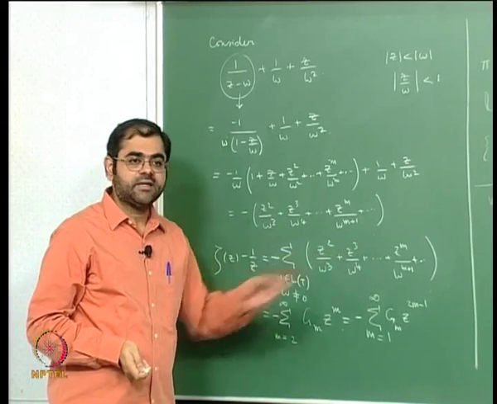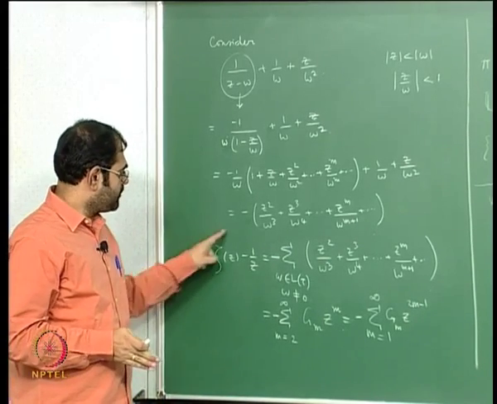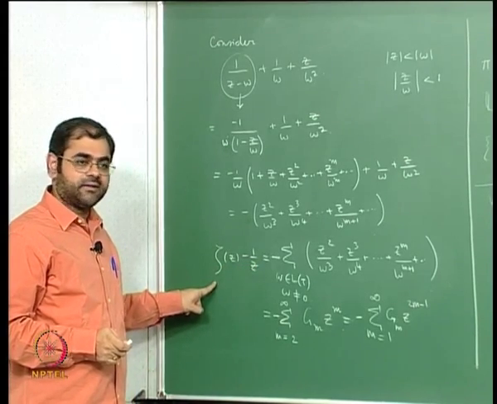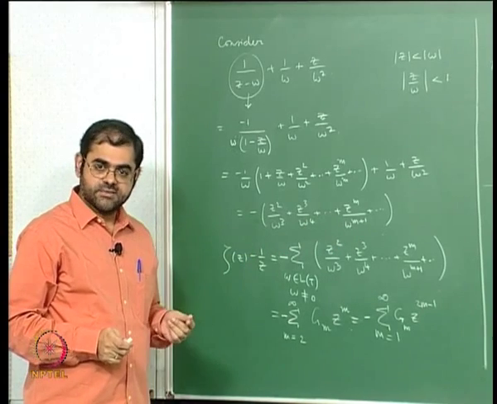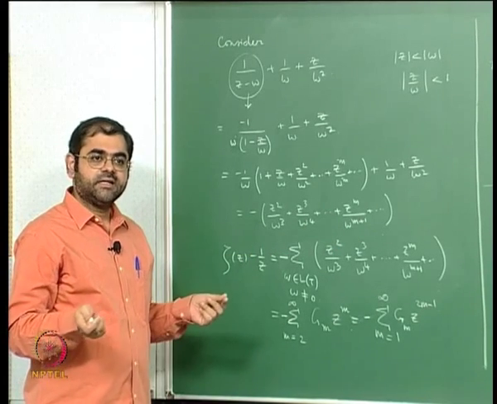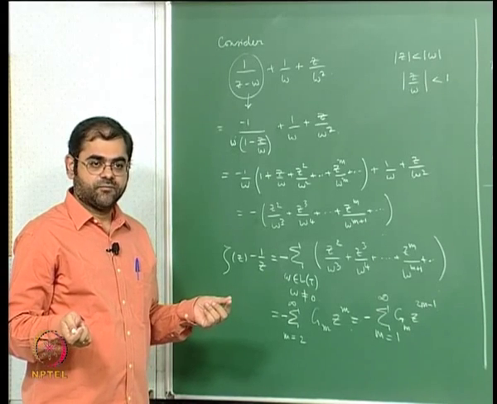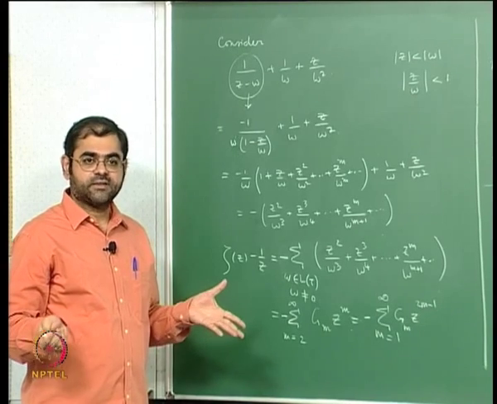Similarly, you do it for any other even power of z; all the coefficients, if you sum them, have to be equal to 0. The reason is that the left side is an odd function, and therefore you cannot have even powers in the series on the right side. This is essentially a use of the identity theorem for power series, which says that 2 power series are equal if and only if all the coefficients are equal.